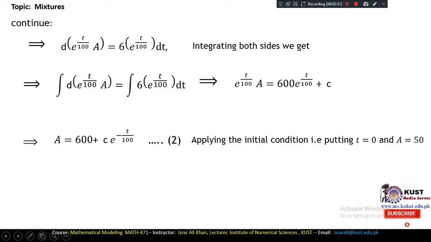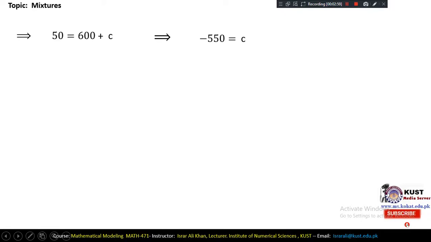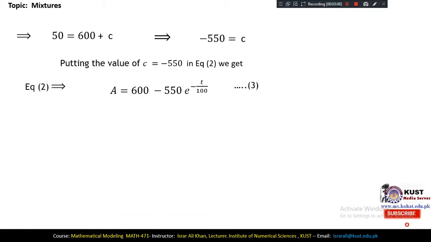When t is equal to 0, the amount of salt is 50. In equation number 2, we put t equal to 0 and A equal to 50 to find the value of the arbitrary constant C, and this C then comes out to be minus 550. We put this value of C in equation number 2, and we get this.